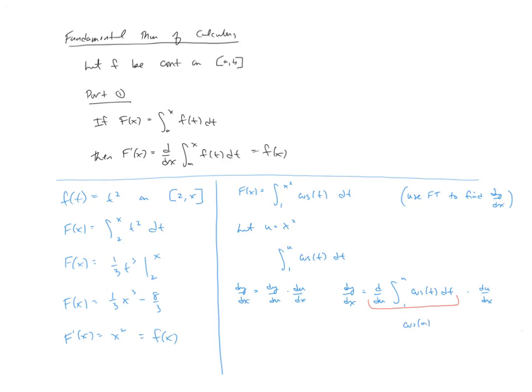And then when we multiply by du dx, the derivative of u with respect to x is going to be 2x. And when I put all this back together, dy dx is going to be 2x times cosine of u, but our u was x squared. So there's our dy dx found by using the fundamental theorem of calculus part 1.